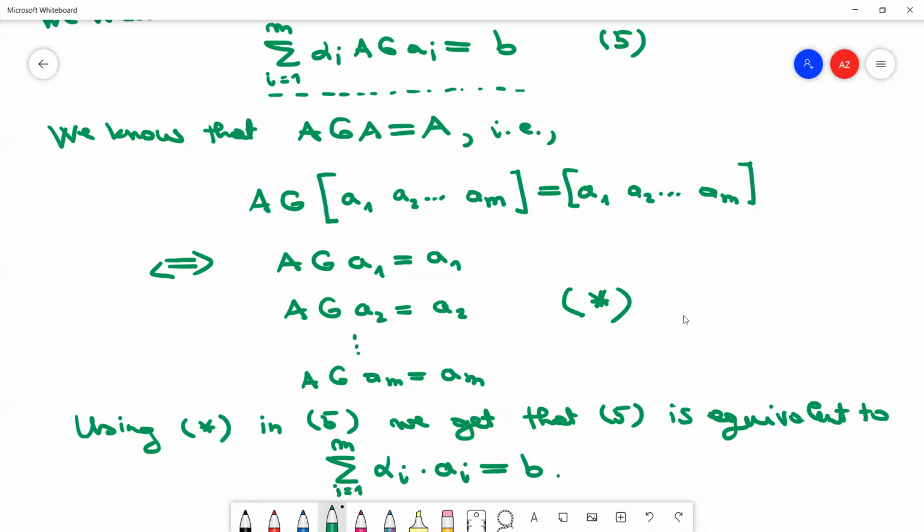And what to do now? So we are checking that 5 is true. And we proved that 5 is true if and only if 6 is true, because 5 is equivalent to 6. So what do we have to do now?